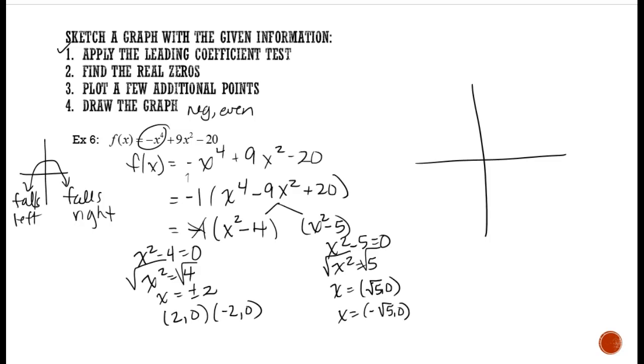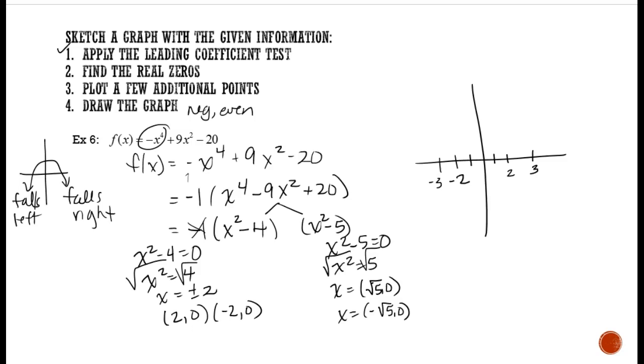Now, square root of 5 is somewhere between 2 and 3. Okay? Somewhere between 2 and 3. So let's see what happens here. If I have 1, 2, negative 2, negative 3, and 2 and 3. All right, so let's do this.